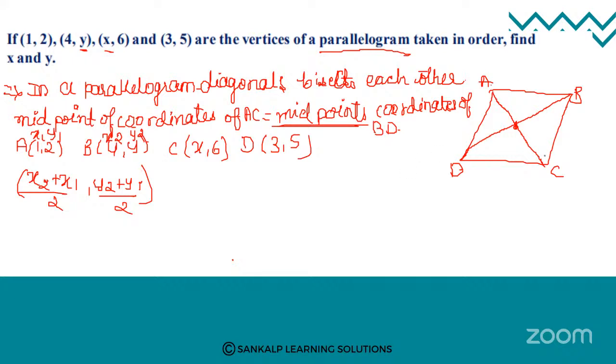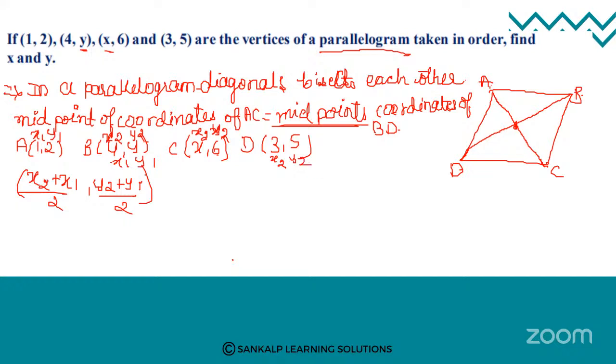When you are considering the midpoint of AC and midpoint of BD, you have to take the midpoint of AC, meaning A to C, right? So A to C, A value is (1, 2) and C is (x, 6). So this is x1, y1 and this is x2, y2. When you are taking B to D, that is the BD diagonal, this is x1, y1 and this is x2, y2.